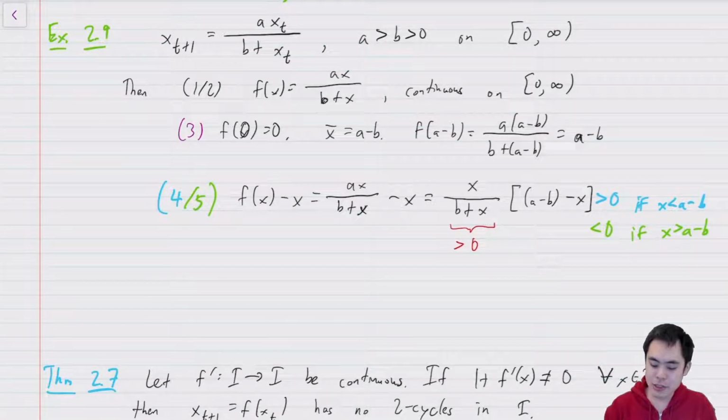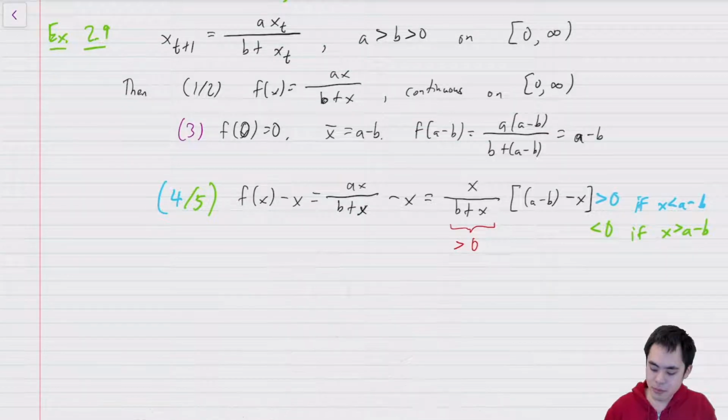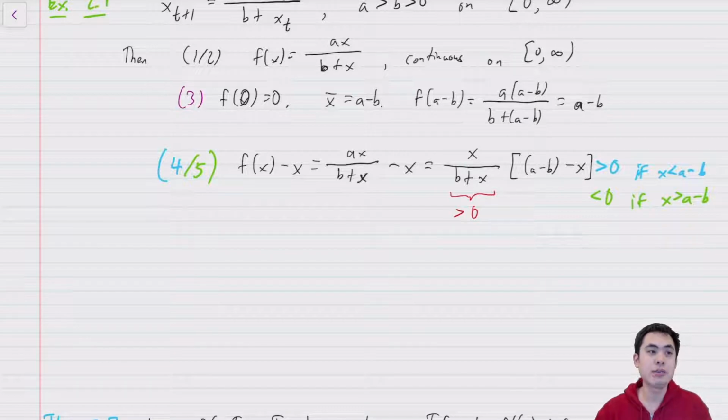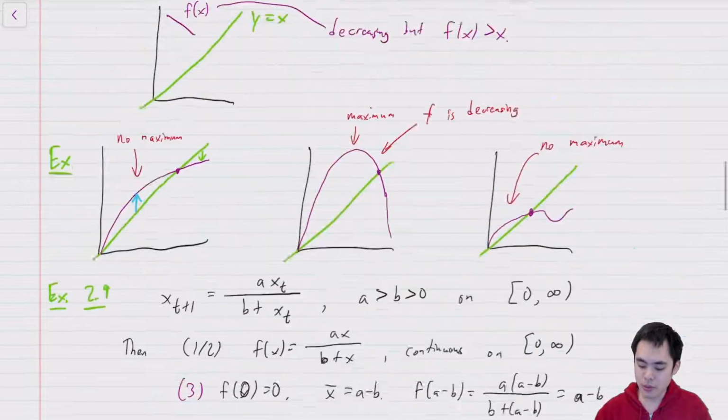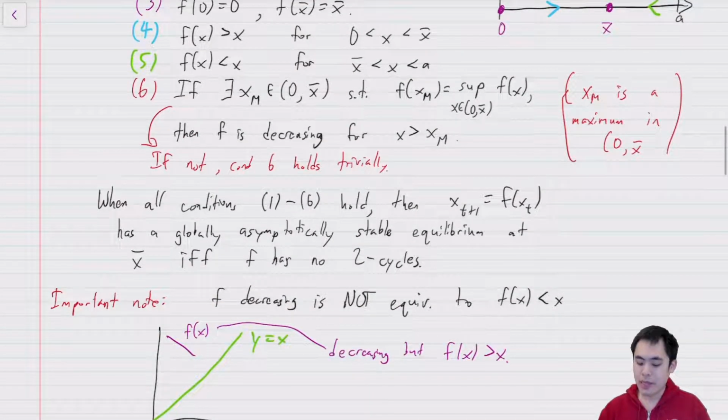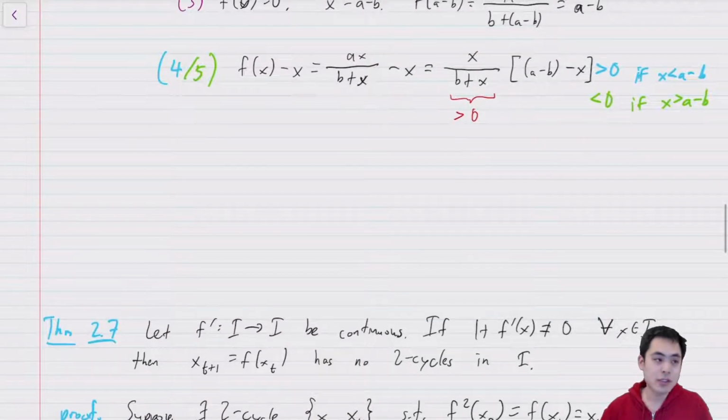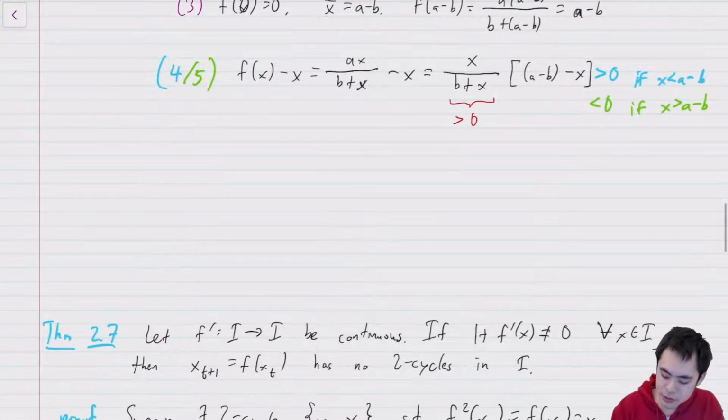And the last condition is a little bit more painful to check because we need to check whether or not there are 2 cycles. So it has an asymptotically stable equilibrium if it has no 2 cycles. So we need to check to see whether or not it does. So condition 6.